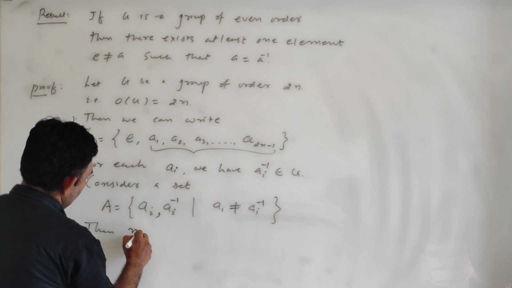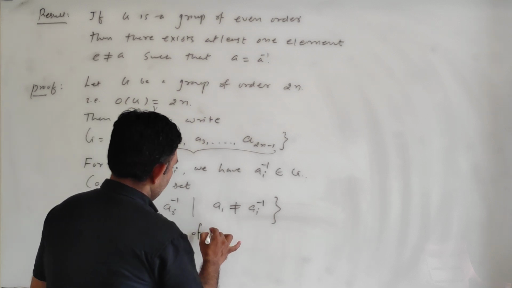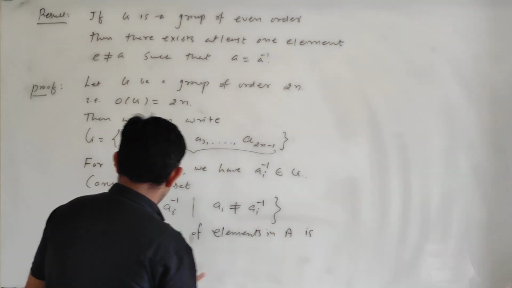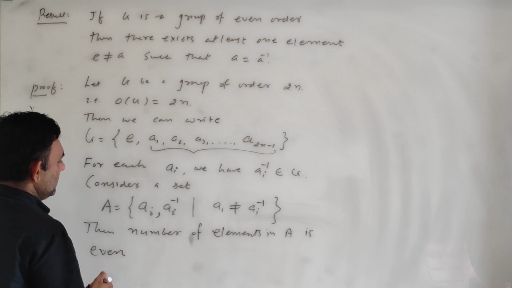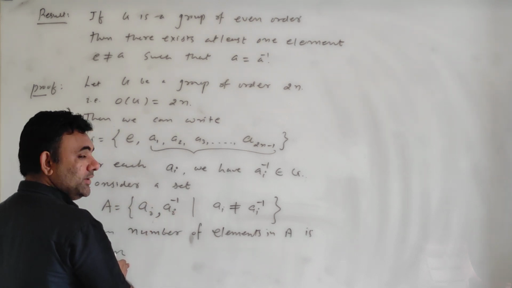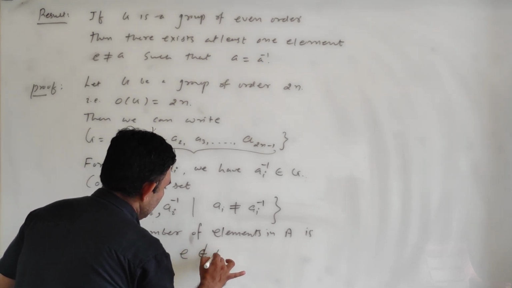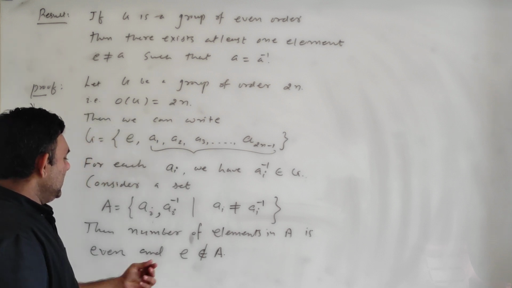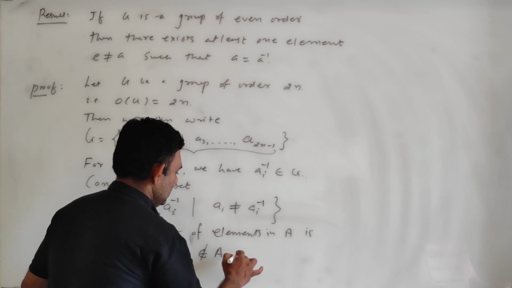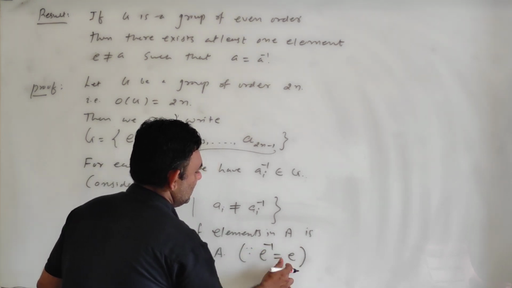So then the number of elements in A is even. First thing, because at a time we are adding two elements, the number of elements in A will be even, and E will not be in A. Identity element will not be in A because identity and its inverse are equal.